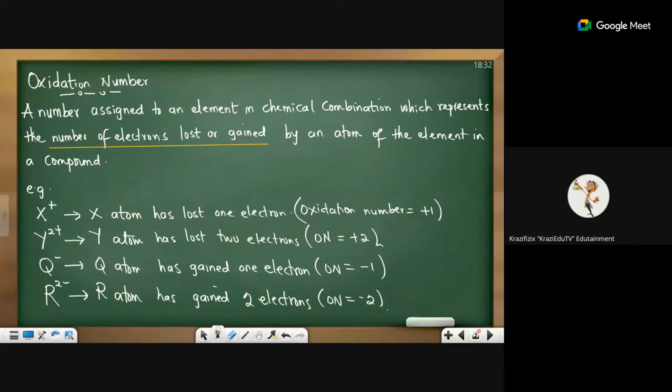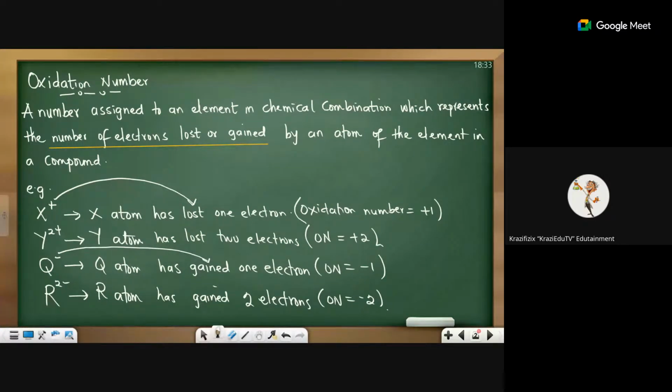The plus tells you we are losing. The negative tells you we are gaining.